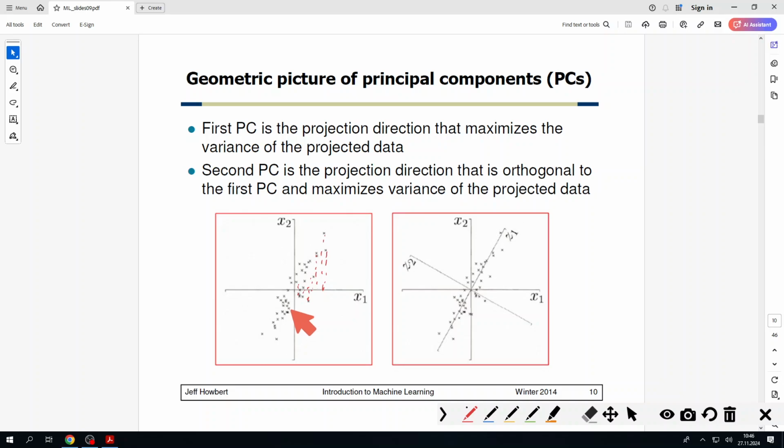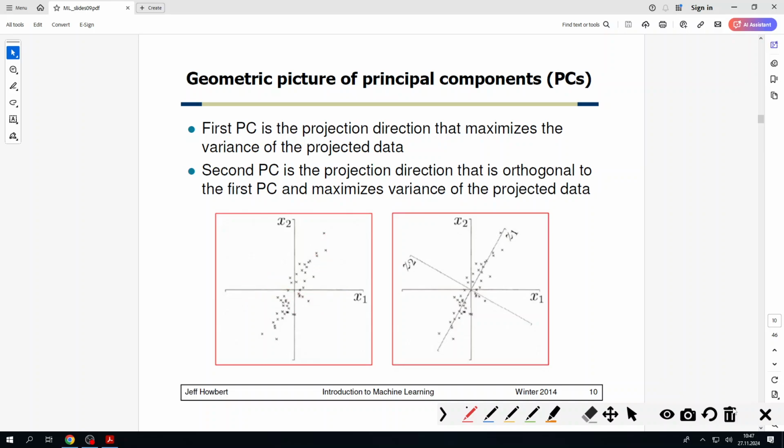So every point is therefore projected onto the corresponding axis. And then what you are interested to know is the variance, that is the range in which your value changes over this axis.